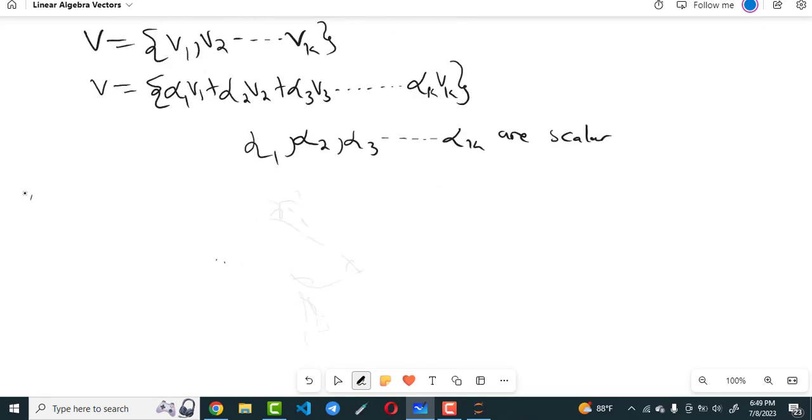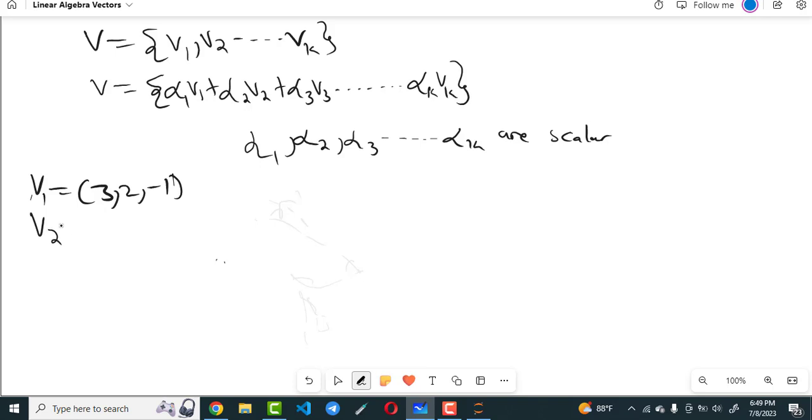So for example, if we take V1 with components 3, 2, and minus 1, V2 with components 1, 1, and 0, and V3 with components 3, 7, and 5, we can write this using scalars.